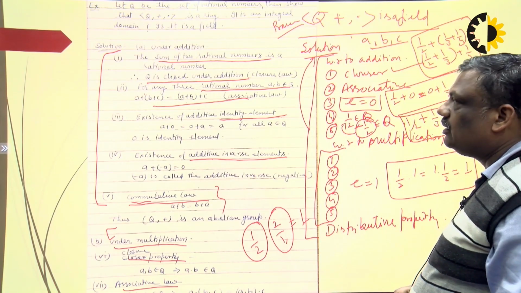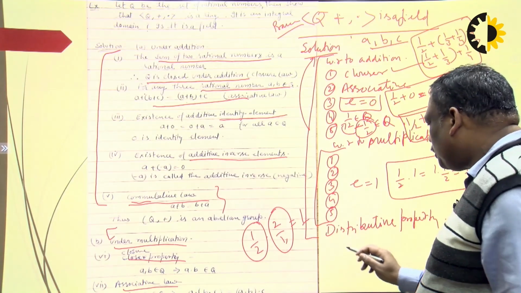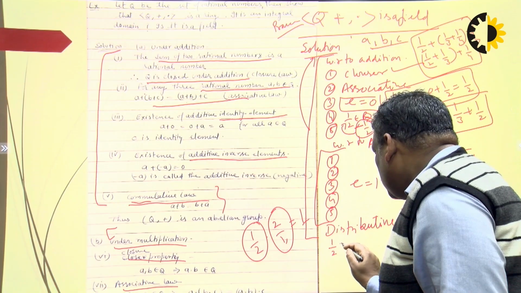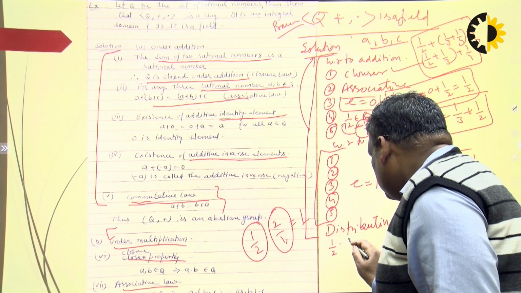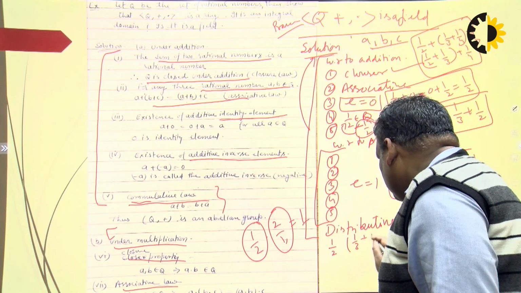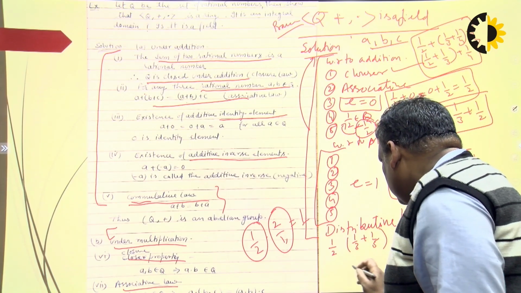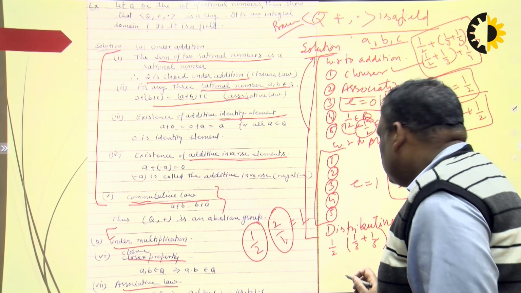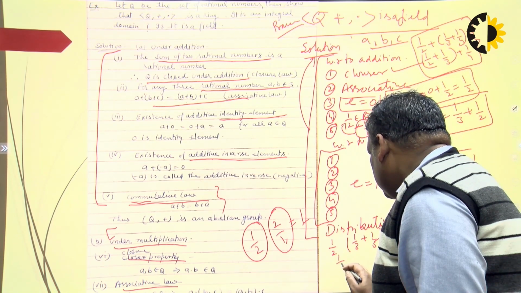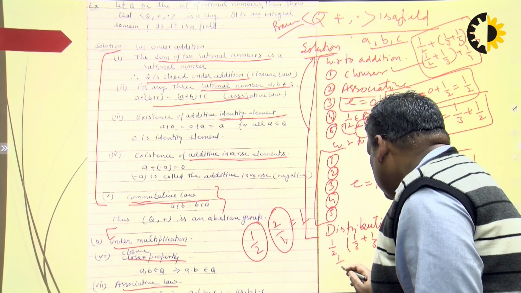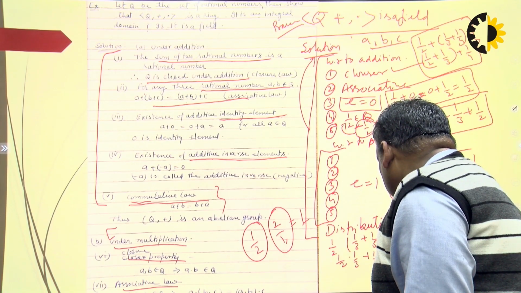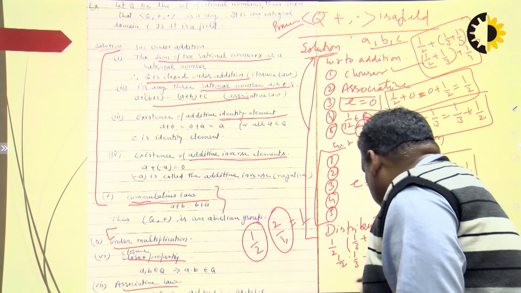And the next one is the distributive property. That means 1/2 · (1/3 + 1/5) equals 1/2 · 1/3 + 1/2 · 1/5. So the distributive property holds.